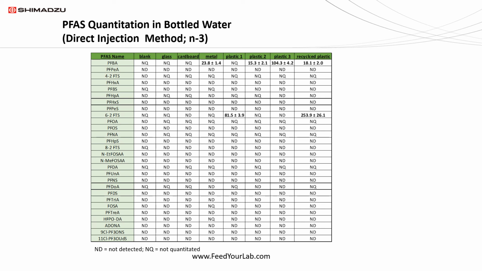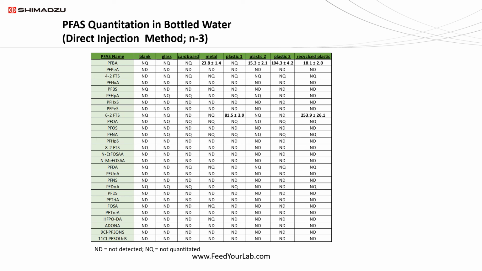Recently, we conducted a study looking at PFAS in bottled water by direct injection, and we had different types of materials. We had a glass bottle. We had, of course, different types of plastic bottles, including the recycled plastic. We had some metal cans and a cardboard, like a milk carton kind of container for water.